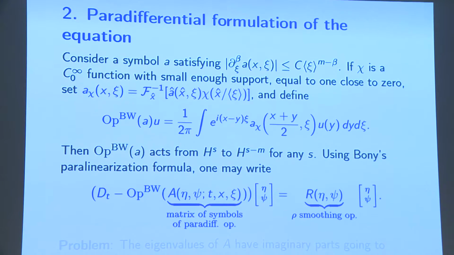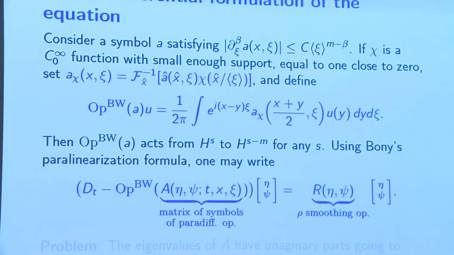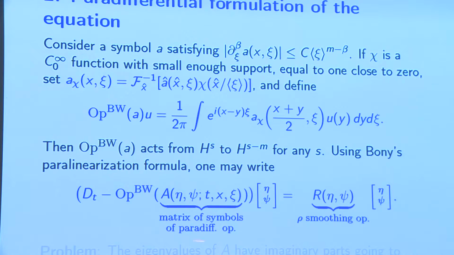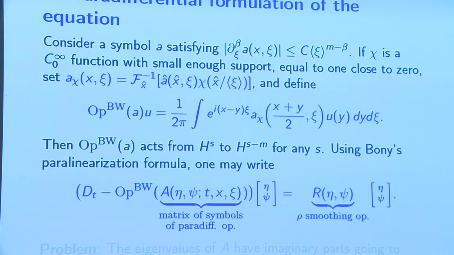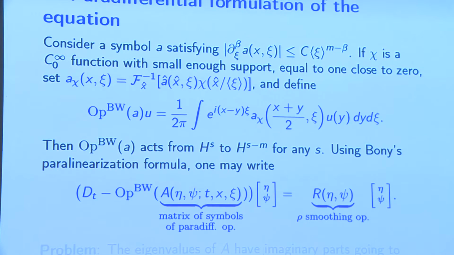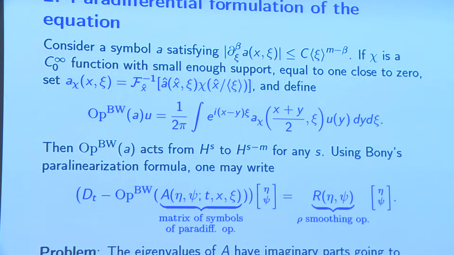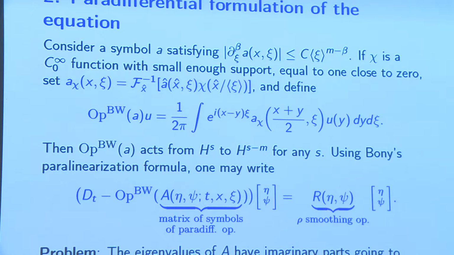So usually when you do that from a nice quasi-linear hyperbolic equation, you end up with a system for which you can easily get some energy estimates and then eventually local existence theory. Well, in the case of the water waves equation, it is well known that when you do that, you get into trouble, because the matrix of symbols A that you get has eigenvalues whose imaginary part goes to infinity when psi goes to infinity.